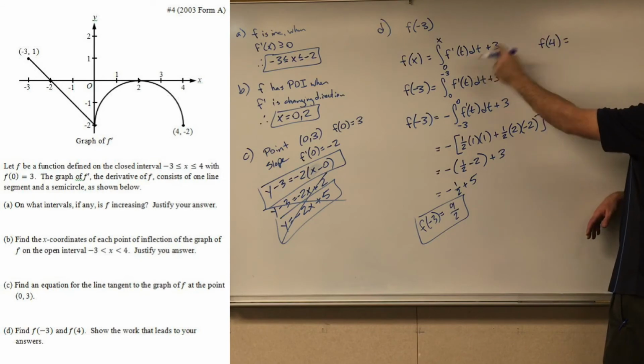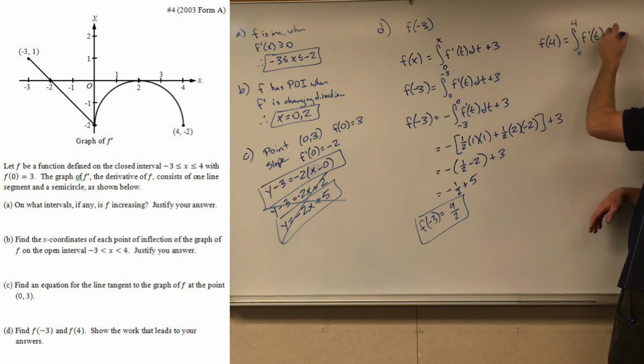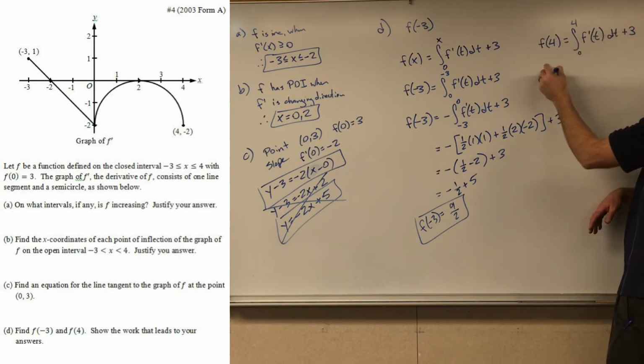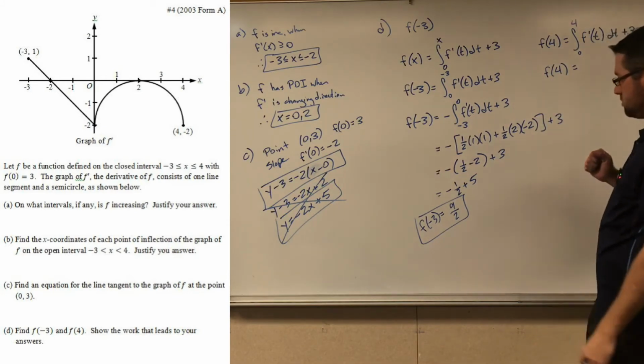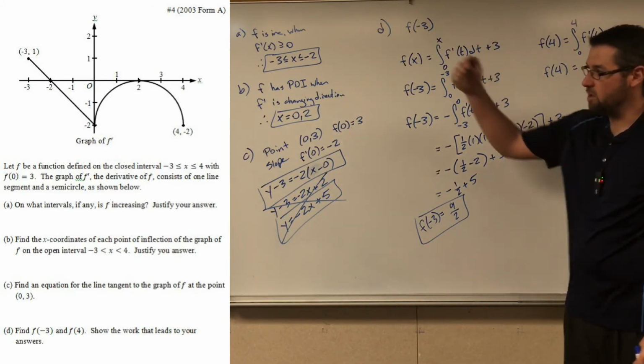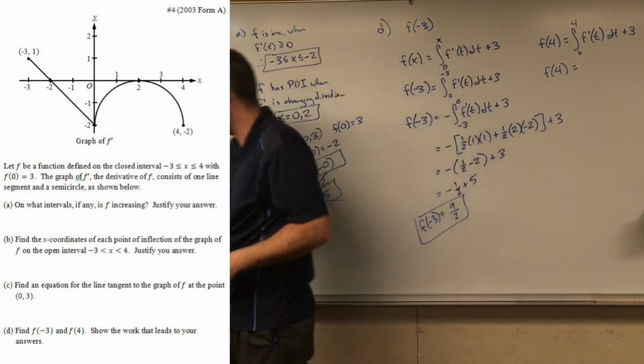The next part, it says, what is f of 4? So we're going to use the same equation. f of 4 equals the integral from 0 to 4 of f prime of t dt plus 3. Now, we are going from 0 to 4. So what do I have to find?